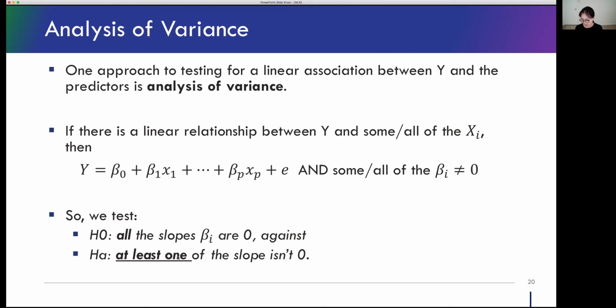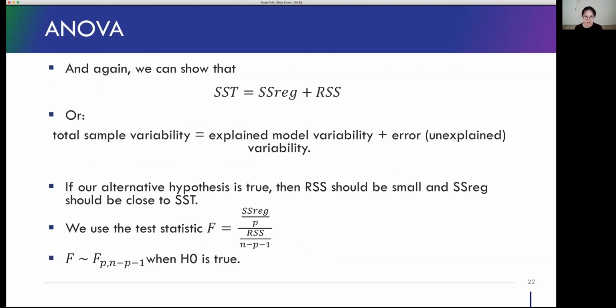That's saying some of the predictors are linearly related with our response y. So if that's the case, then our regression sum of squares should be close to the total variation. So the variability explained by our model should be close to the total sum of squares. And we use the test statistic F to do the test.